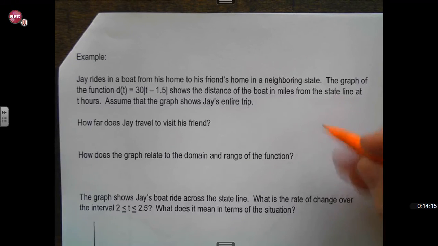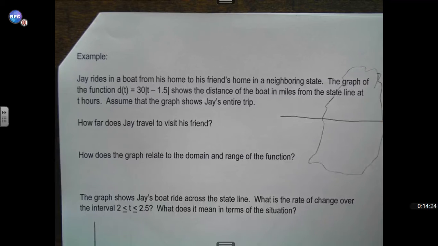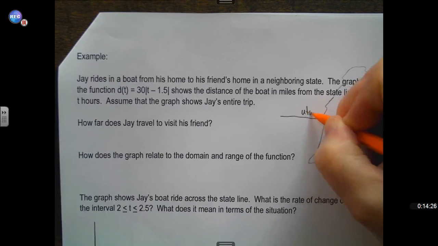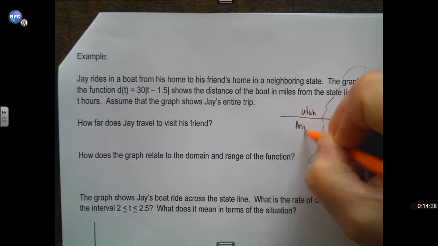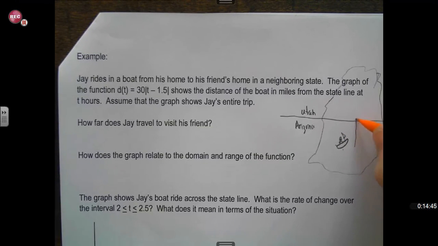And what this looks like is, here's our lake, and here's the state line, and this is Utah, and this is Arizona, and the friend is in this boat, right? I'm trying to draw a boat. I'm not doing a very good job. Maybe it's a sailboat, okay? And he's traveling from Arizona. He's going to cross the state line and into Utah, okay?